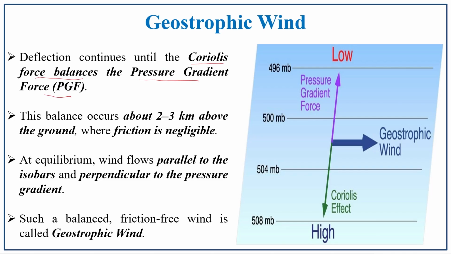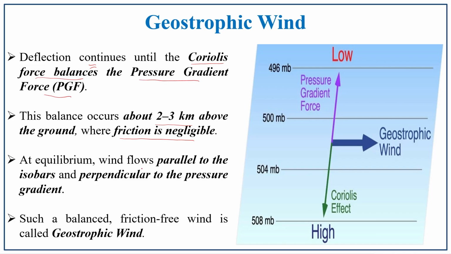In the previous lecture, we discussed that the Coriolis force balances the PGF, that is, it equals the PGF. This balance occurs about 2 to 3 kilometers above the ground, where friction is negligible. We know that near the earth's surface there will be a frictional force. Due to these forces there is an equilibrium effect.